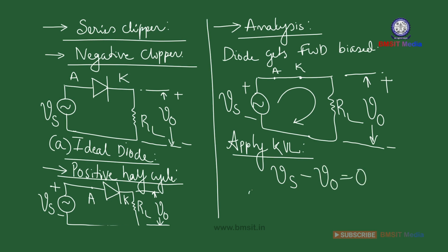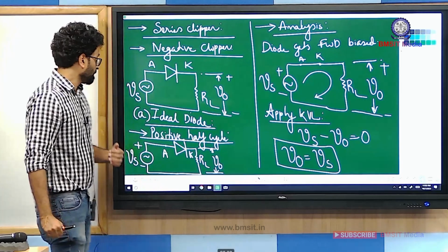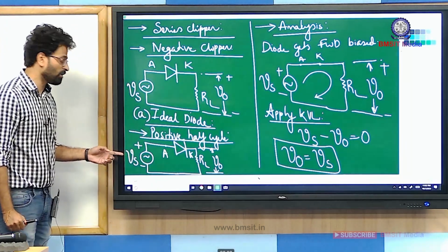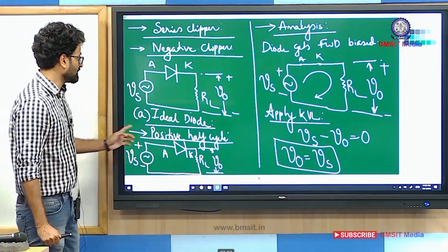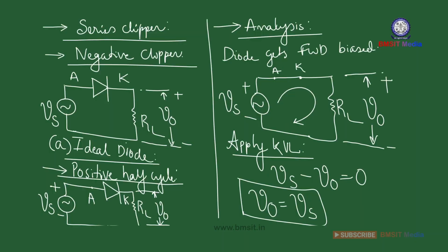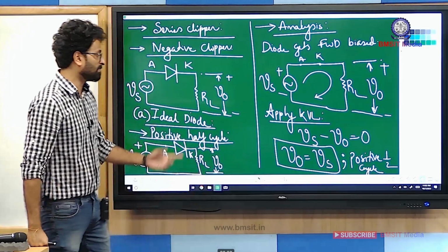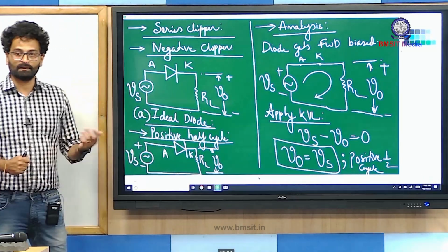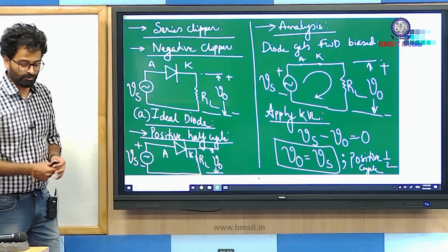This leads to the conclusion that your output voltage is nothing but the source voltage. And since we have the positive half cycle, your output voltage is nothing but the source voltage, which is the positive half cycle. So your output is the replica of the positive half cycle of the input. Let us draw the waveform later.